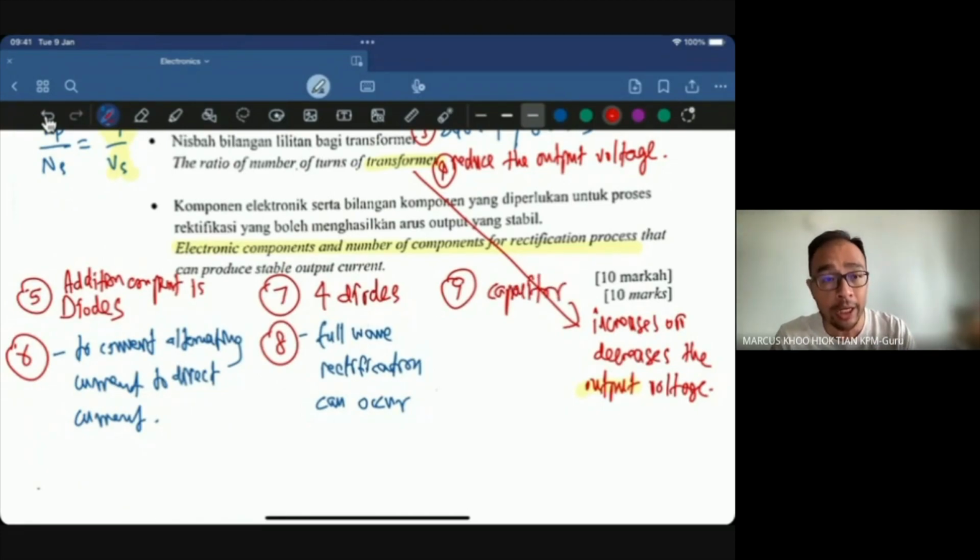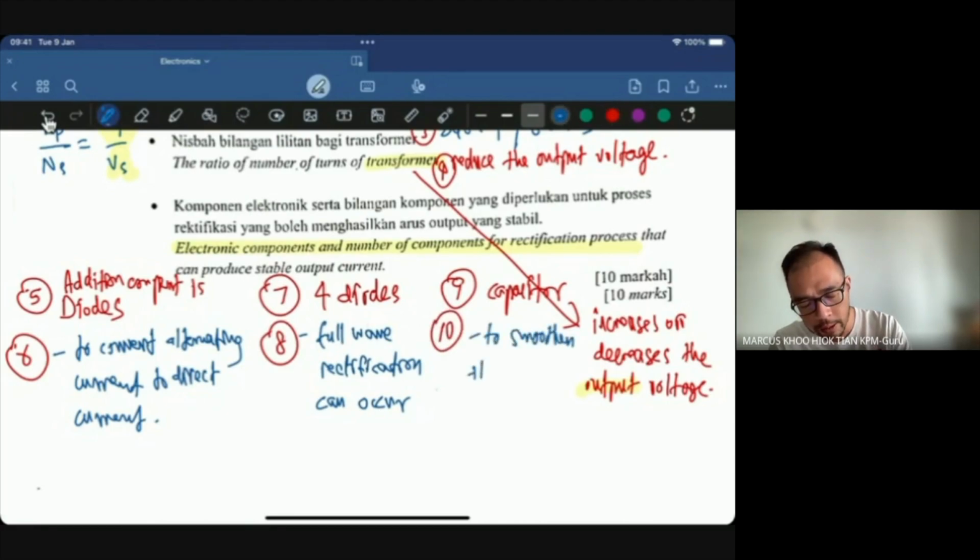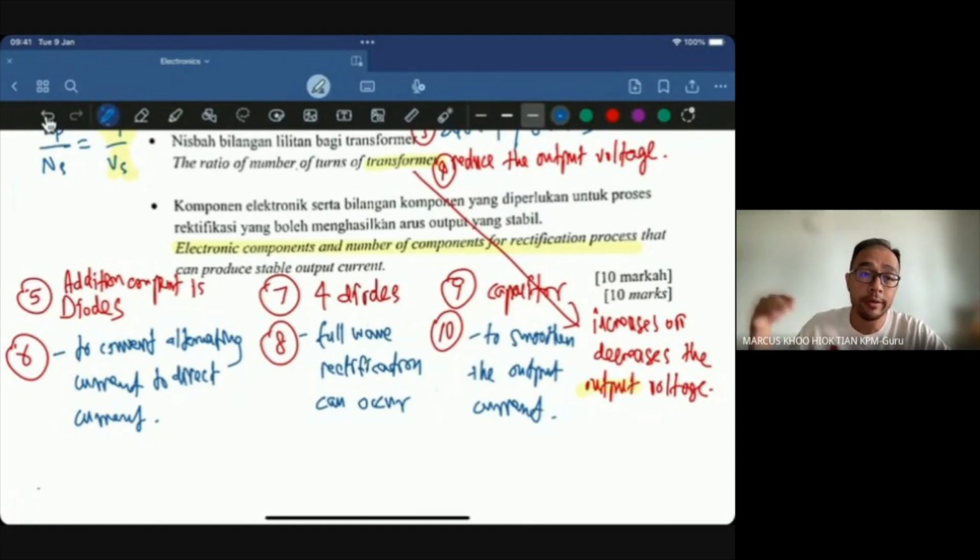Add another additional component, the capacitor. And the standard answer for capacitor, as we've talked about just now, is to smoothen the output current so that it's a consistent flow.